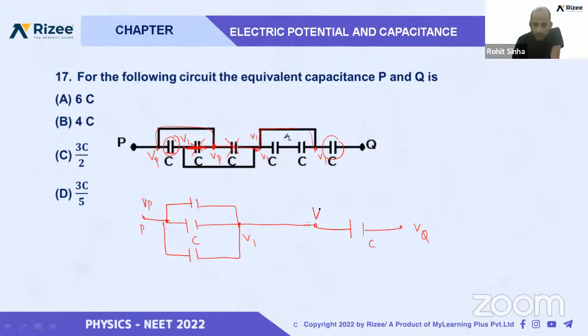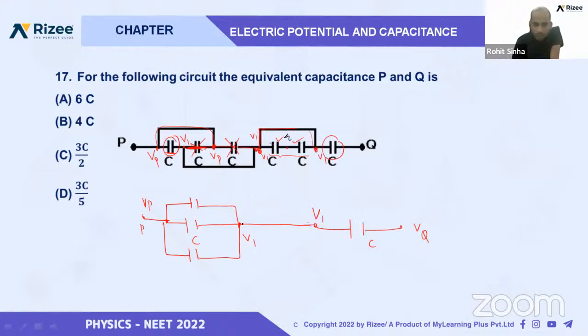Here it is V1, and here it is also V1. For these two capacitors, they have one terminal connected to V1, and this terminal is connected as well. So they both are in a series-parallel combination.